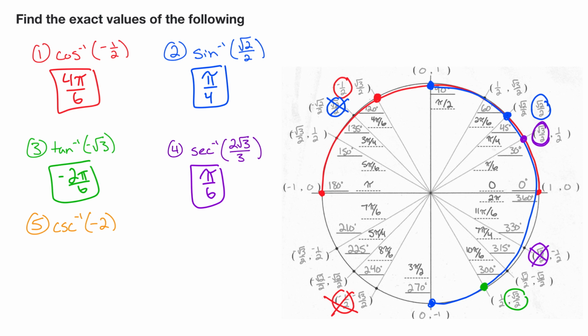The sine value is negative 1/2 here and here, but cosecant is only defined on that region on the right side, so I ignore that value. This is the only coordinate that satisfies it. The answer is not going to be 11 pi over 6. We use the negative coterminal, so we're going down one slice. That means negative pi over 6 is our answer.